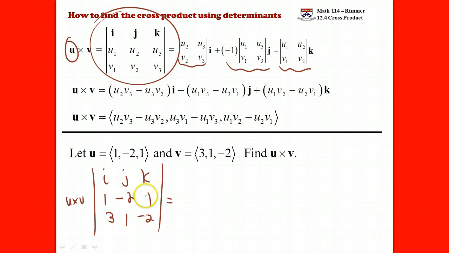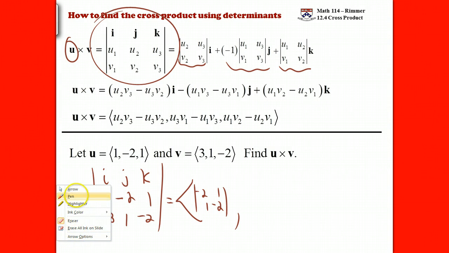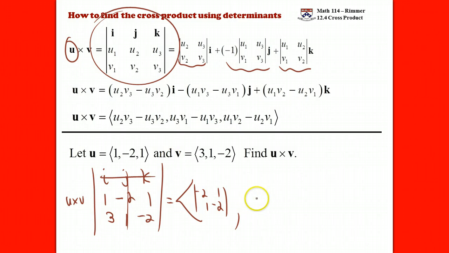Okay, we're going to cross out i's row and column. We have -2, 1, 1, and -2. That's our i component. It's okay if I write it like that. And then our j component, cross out j's row, cross out j's column. We're going to have 1, 1, 3, and -2 determinant to find. But don't forget, -1 times that.